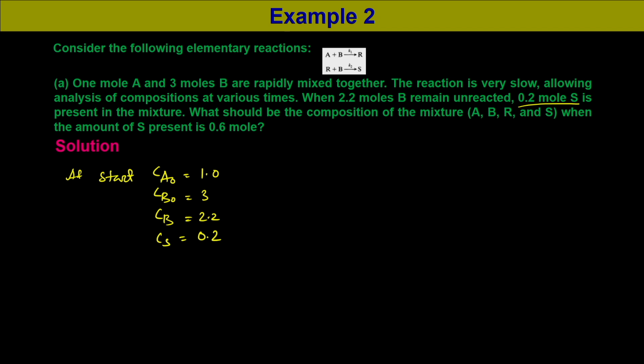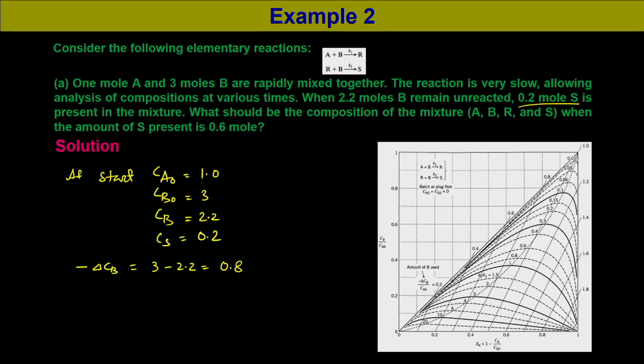Now, from the material balance, we can calculate delta Cb. Minus delta Cb would be equal to 3 minus 2.2, which is 0.8. Now, if we consider this figure, we have to find this point.